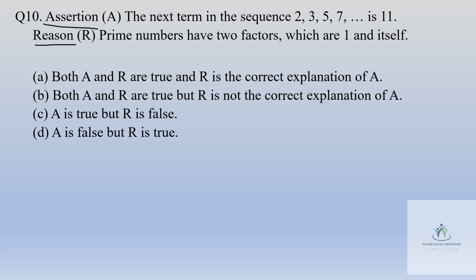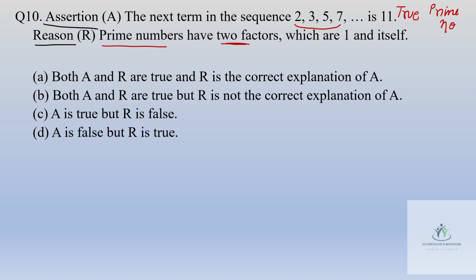The next number in the sequence 2, 3, 5, 7. If you look at this sequence, what is it? These are prime numbers. After 7, 11 will be a prime number. This is a list of prime numbers. So this is true because after 7 is 11. Prime numbers have two factors.